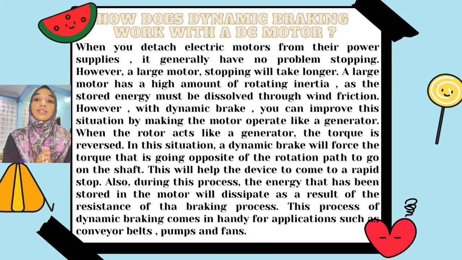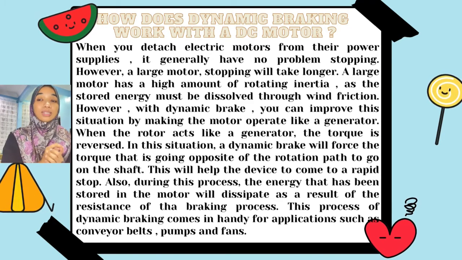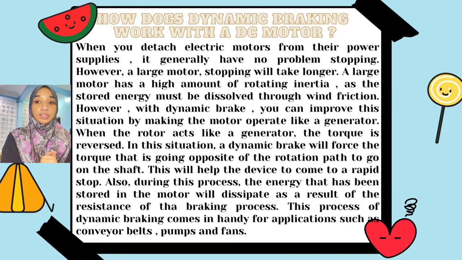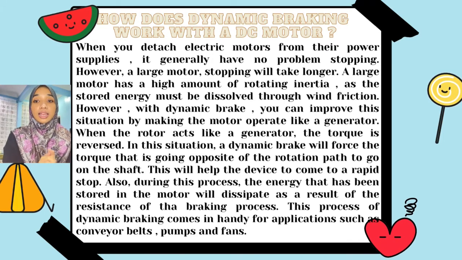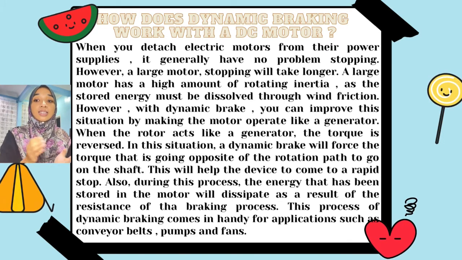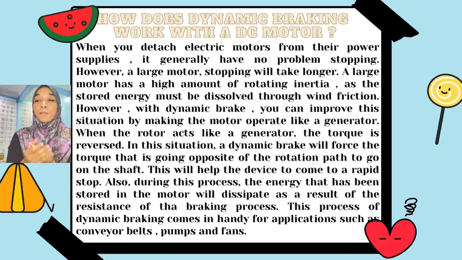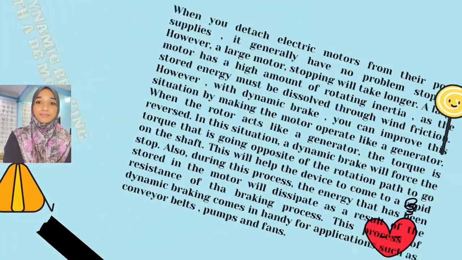This will help the device to come to a rapid stop. Also, the energy will be dissipated as a result of the resistance of the braking process. This process of dynamic braking comes in handy for applications such as conveyor belts, pumps, and fans.